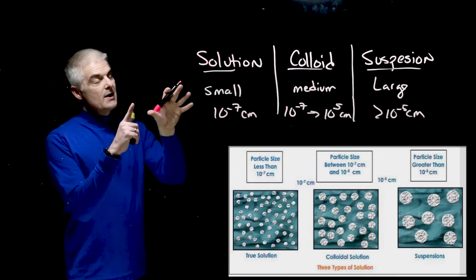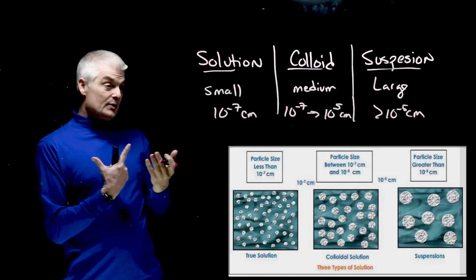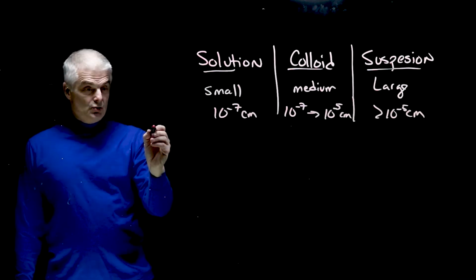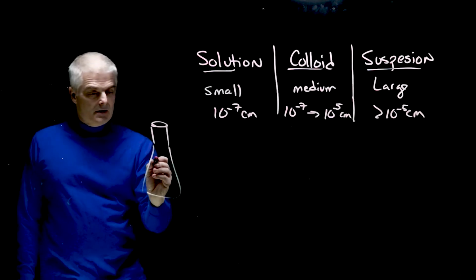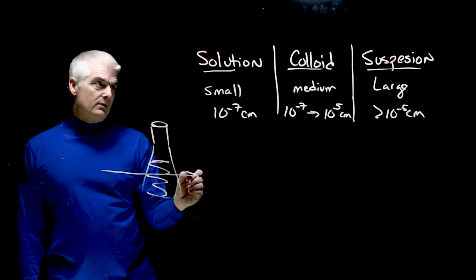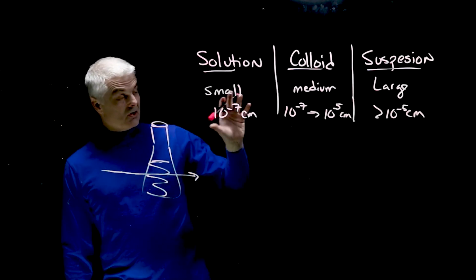Now, it turns out when you have solutions, colloids, and suspensions, something intriguing happens. If you pass light through a solution, a clear solution, it could be red or green or let's say pink or whatever color you've got here, the light goes straight through. In a colloid, it reflects light, and in a suspension, it also reflects light.